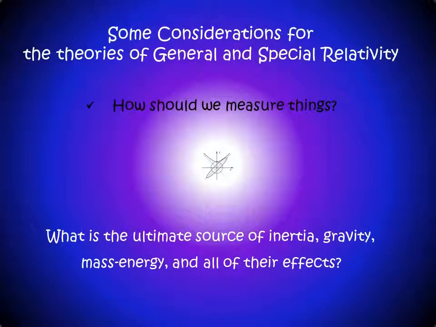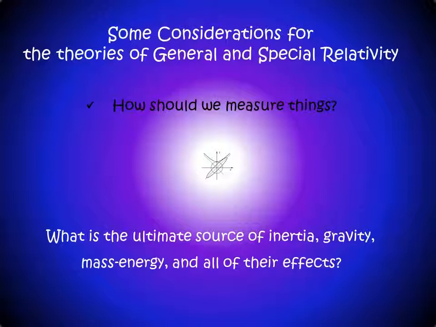And we have some more considerations that have to be looked at. One of them is, how are we going to measure things? Okay. And what is the ultimate source of this inertia, this gravity, this mass energy, and of these effects? We have this eccentric system that general and special relativity meet in, at the Schwarzschild radius, and they meet there at the velocity of light.